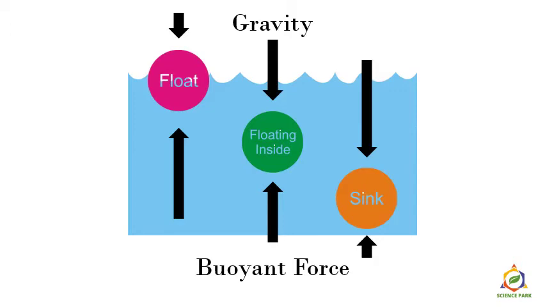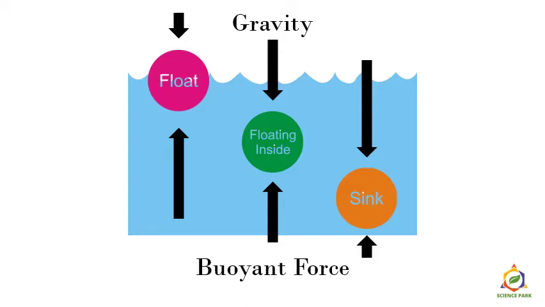In this case, the buoyant force is more than the gravitational force. That's the reason it is floating on the surface of the water. Now the second one, the object which is floating just inside the surface of the water. Now this is a very interesting case, because in this case the force of gravitation is equal to the buoyant force.